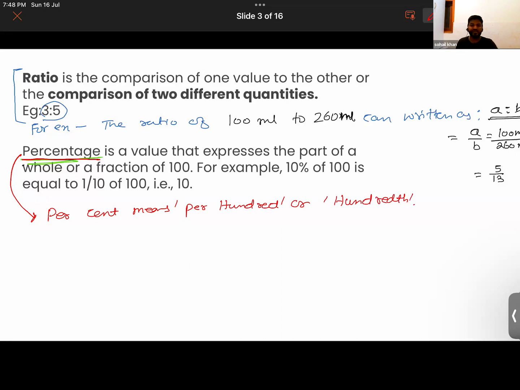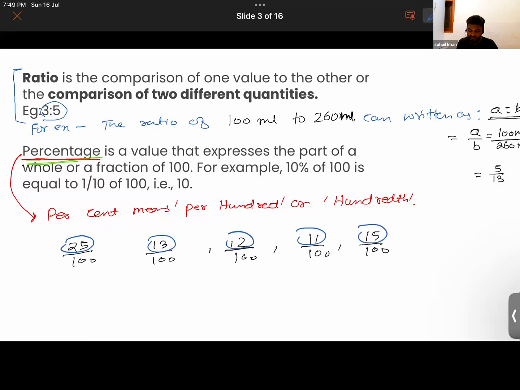So what are percentages? Basically, percentages are numerators of fractions with denominators as 100. Look, if I have fractions like 25 upon 100, 13 upon 100, 12 upon 100, 11 upon 100, or 15 upon 100, all the numerators you are seeing here, whether it's 25, 13, 12, 11, 15, are basically percentages.